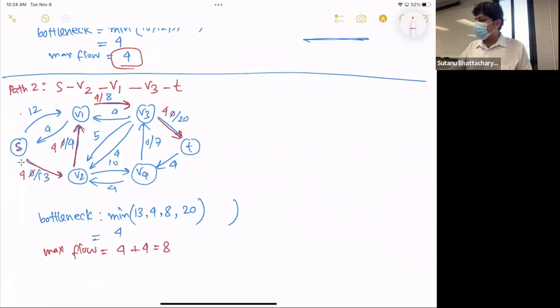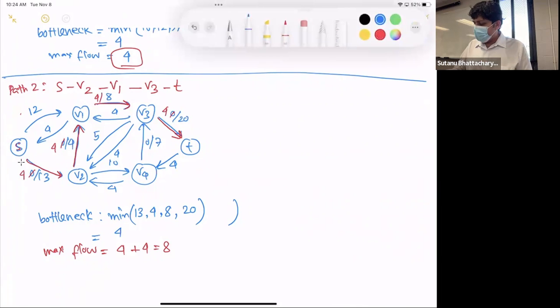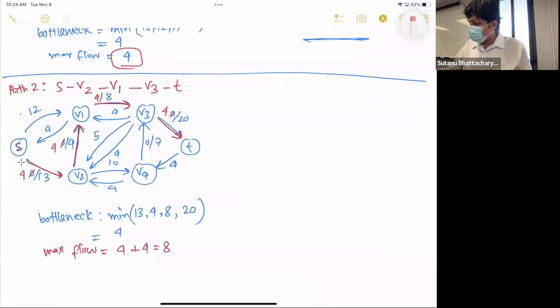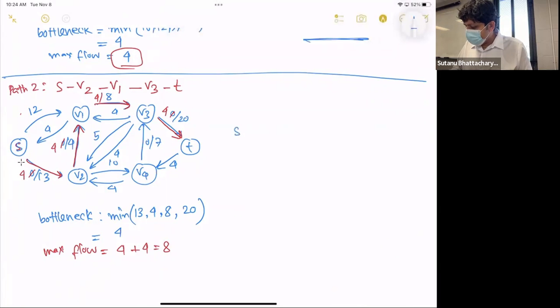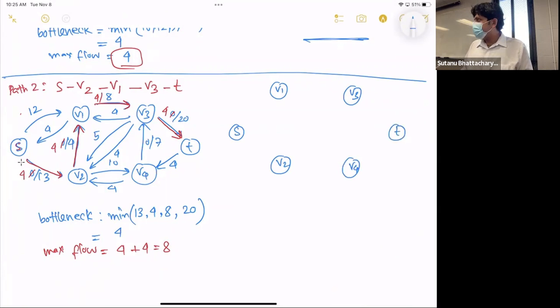So draw the corresponding residual graph. So let's draw it. S, V1, V2, V3, V4, T. And when we draw the residual graph, only the path that we have considered will be modified. Rest would be as it is.